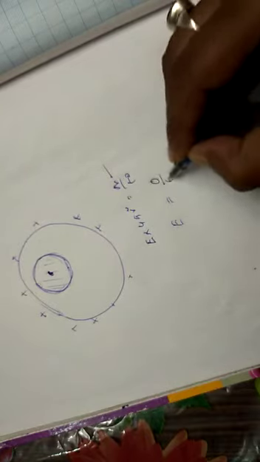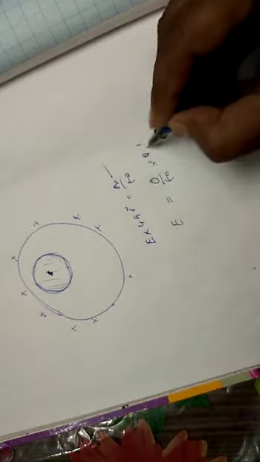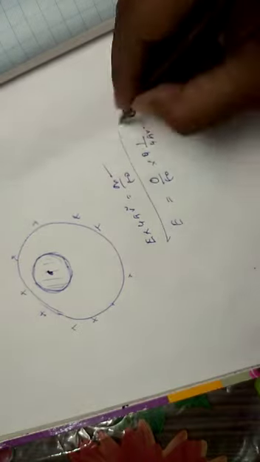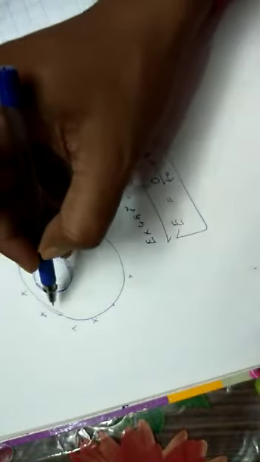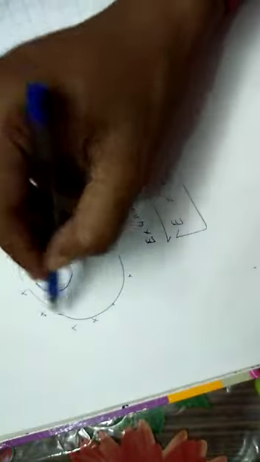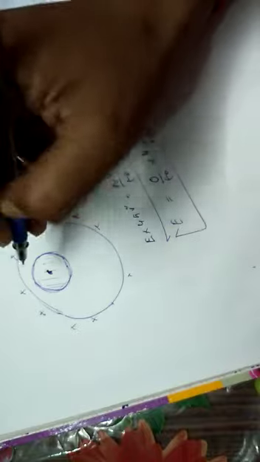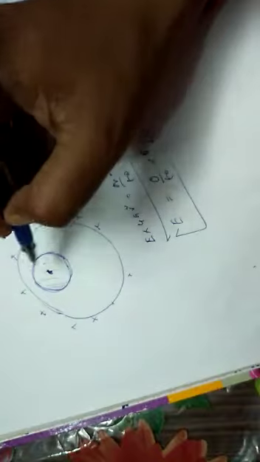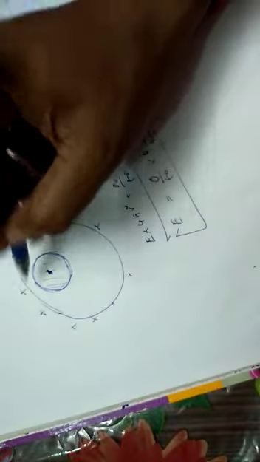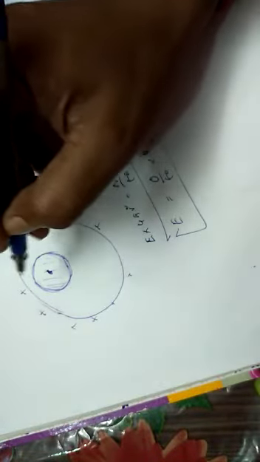It is 0 by epsilon naught into 4 pi r square, so the field is going to be 0. You must remember, if a thin spherical shell has charge, whatever be the charge, inside that hollow sphere the electric field will be 0 everywhere.